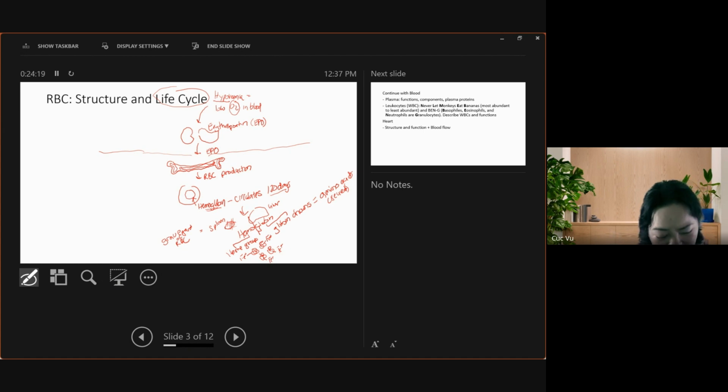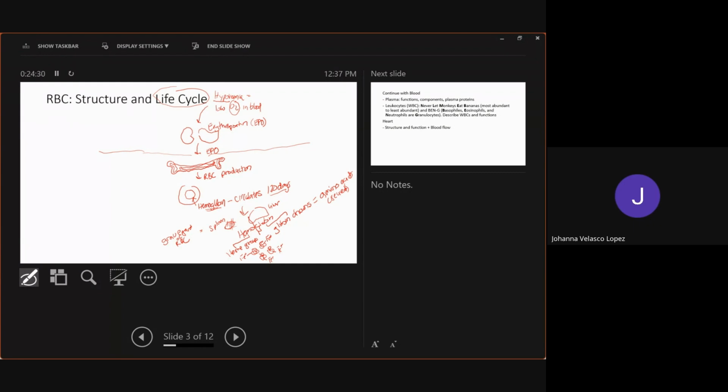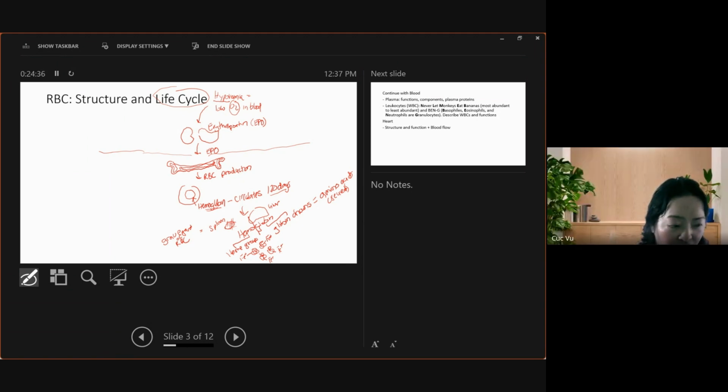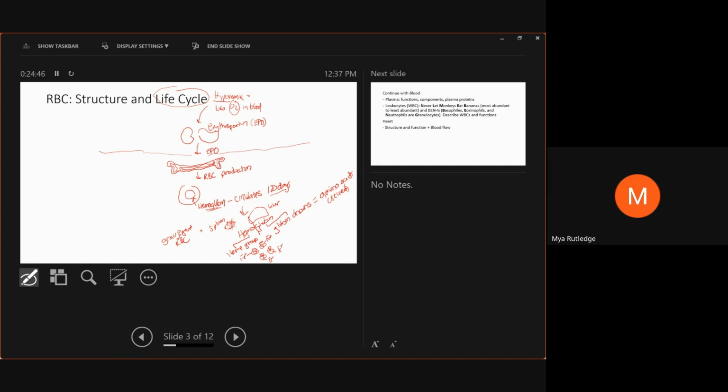We mentioned earlier, though, that hemoglobin also carries carbon dioxide. Where does this happen? What structure binds to the carbon dioxide? What's remaining? The globin chain.